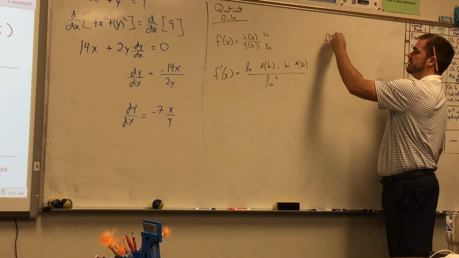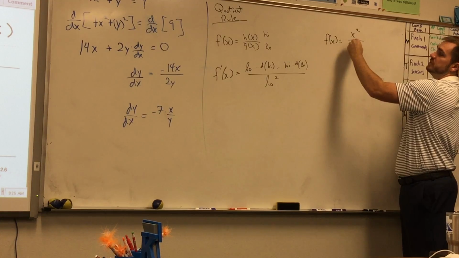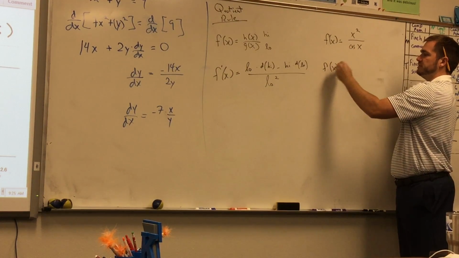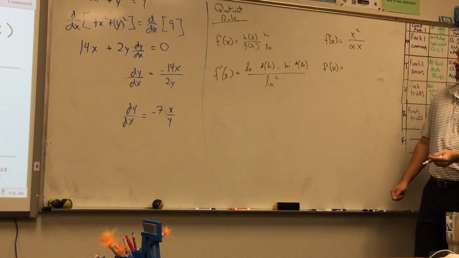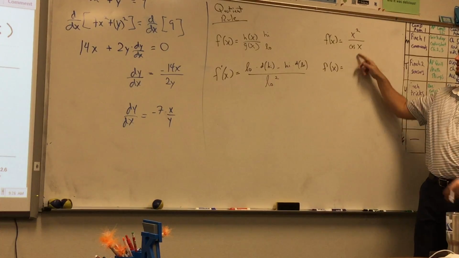So an example, f of x is equal to x squared over cosine of x. Always start with the denominator.